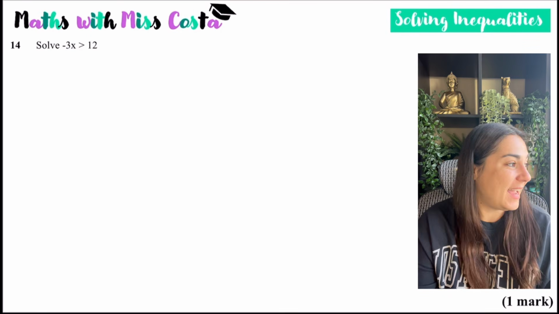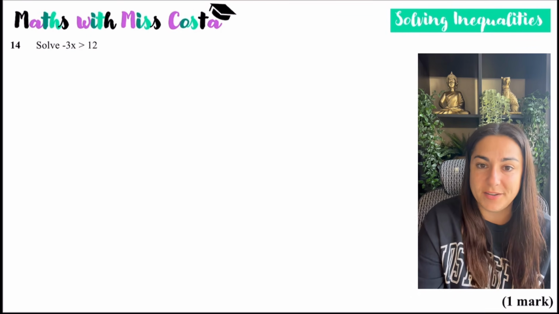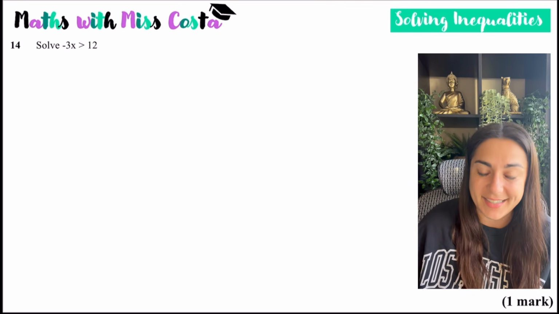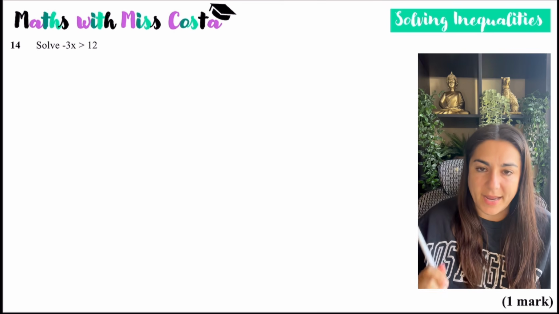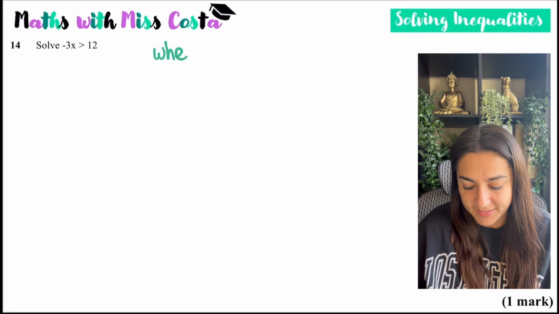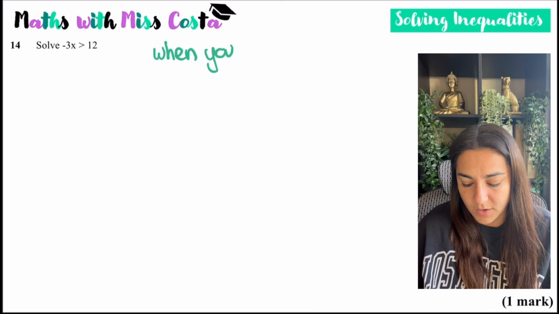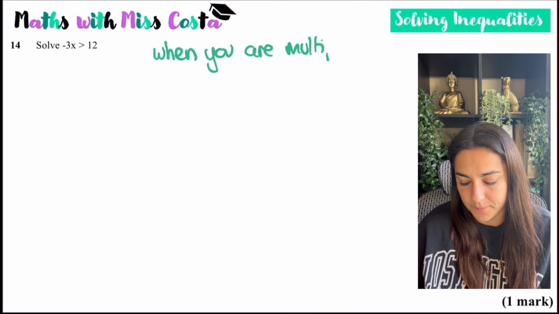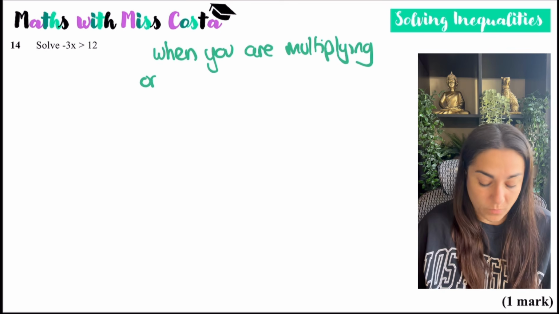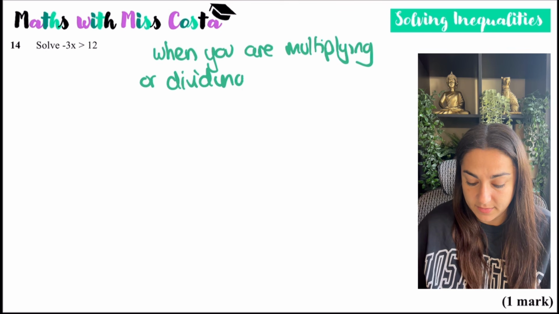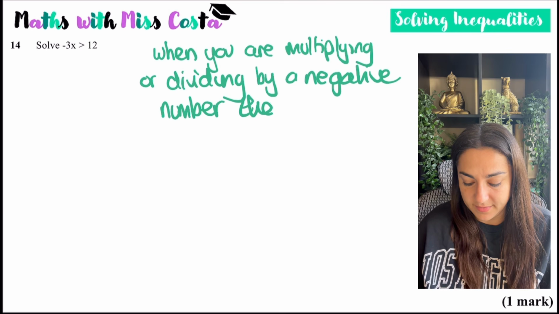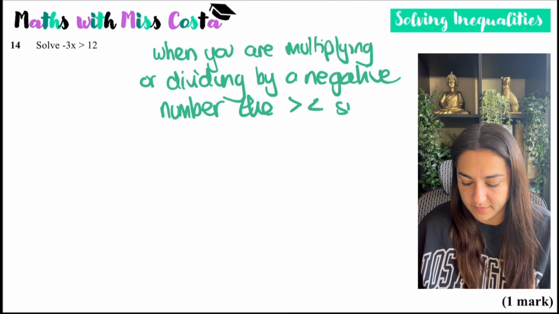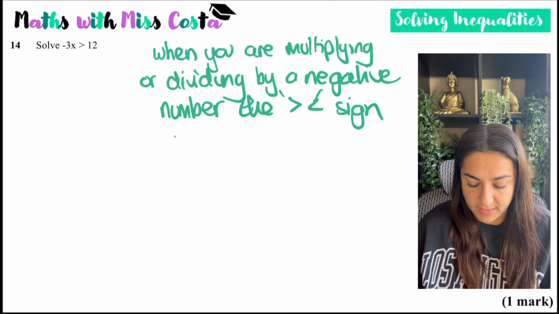Okay, so here is an inequality, which is generally quite straightforward, but the issue here arises, and this is another thing that people forget so often, is that when, I'm going to write it down because people forget it so often, when you are multiplying or dividing by a negative number, the sign, so this sign, flips over.